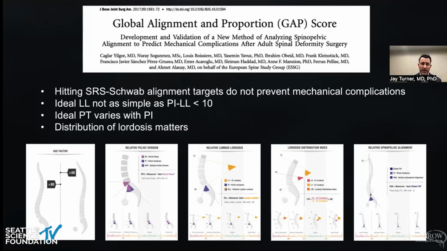And that ideal values such as PT not less than 20 is not the target for everybody, that it goes up with higher PI, given that higher arc of retroversion, anteversion of the pelvis.